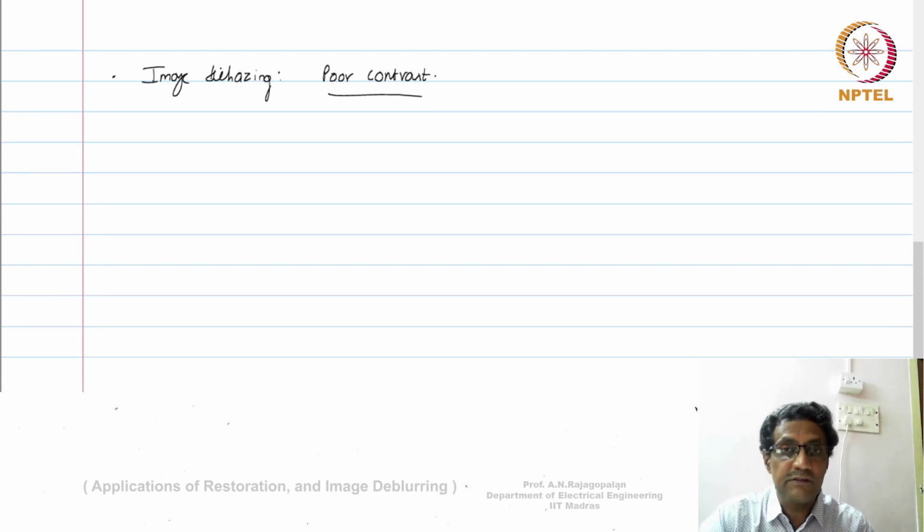Now, the contrast stretching problem that we saw earlier, which used the histogram, was more of an image enhancement idea. Here, this is more objective, in the sense that you use the physics of image formation.